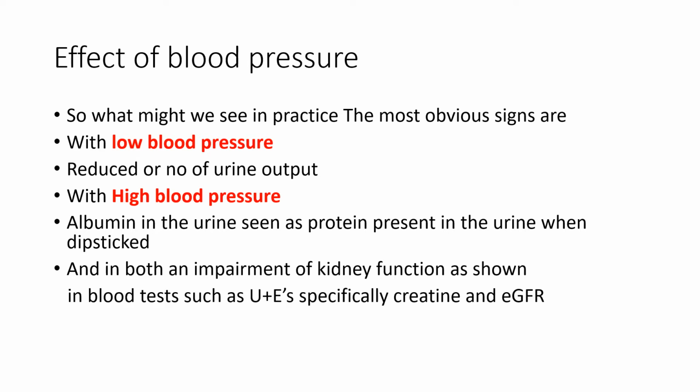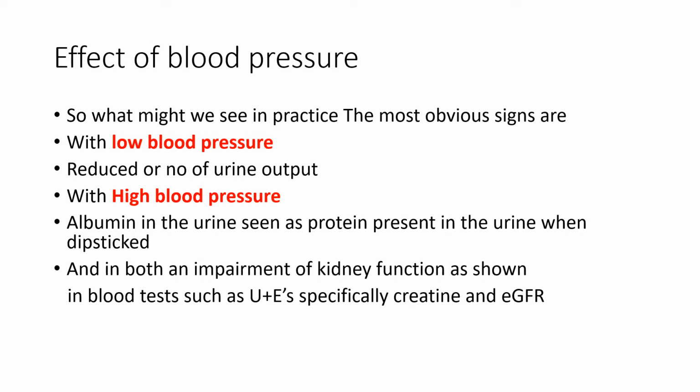And in both high and low blood pressure, the key factors of kidney function or kidney damage will be in the blood tests. I'm sure you've all heard of, we'll send some U's and E's. U's and E's are urea and electrolytes, and classically monitor renal function and the salts in the blood. Two of the key tests in relation to U's and E's are your creatinine and your eGFR.